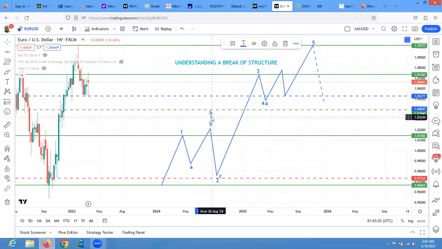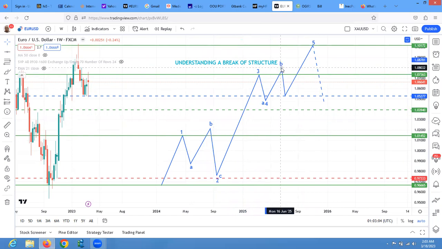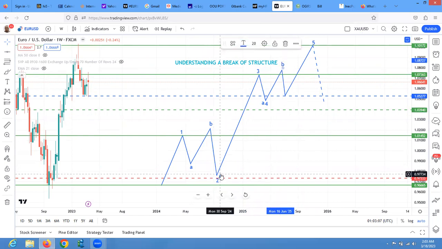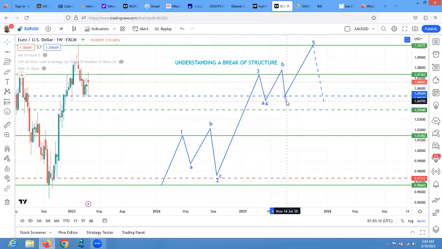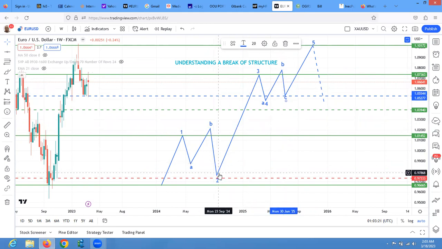I want you to listen and understand this. C is always 5 waves. That means from B to C is always 5 waves, and this is always 5 waves. Now, with that understanding, B also is always 3 waves.